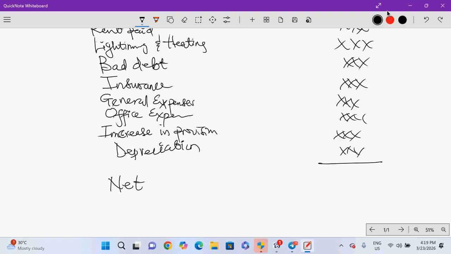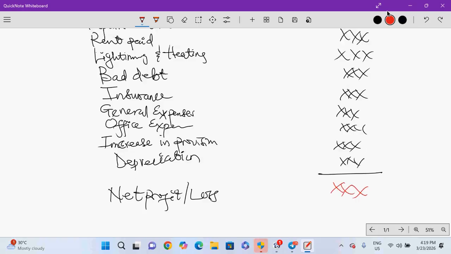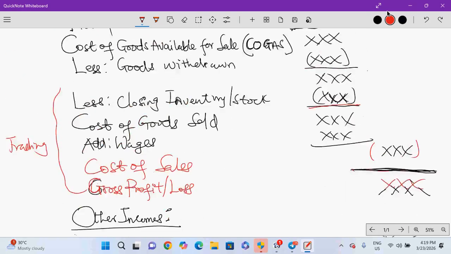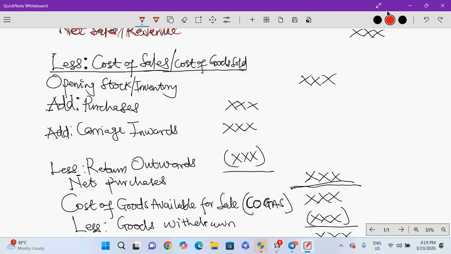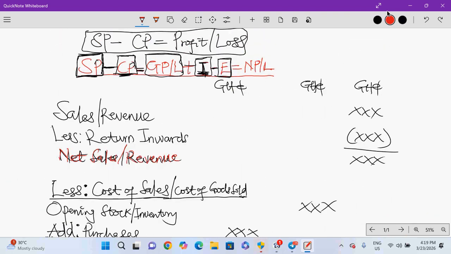So it means you are getting our net profit or loss. I'm sure we are done with our format, right? It's equal to net profit or loss.